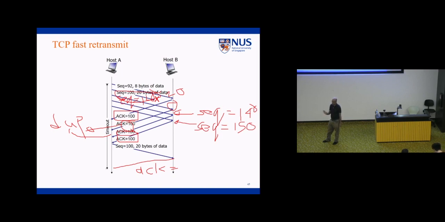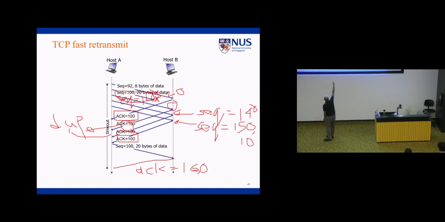If it had stored them, let's say this was 50, and let's say it had 10 bytes of data, the acknowledgement going back will say, give me 160. And when this acknowledgement is received, A knows everything till 160 has been received correctly. So no need to retransmit those.